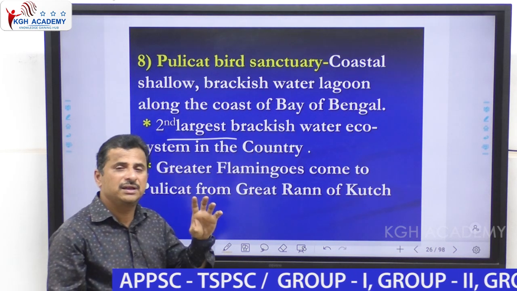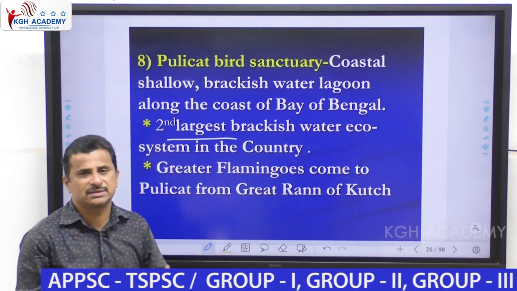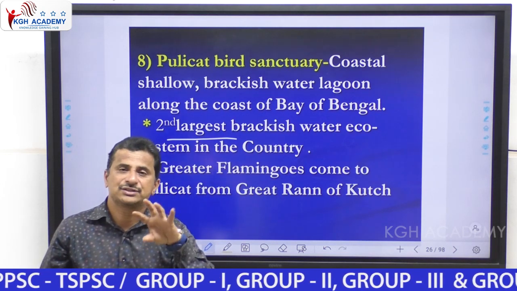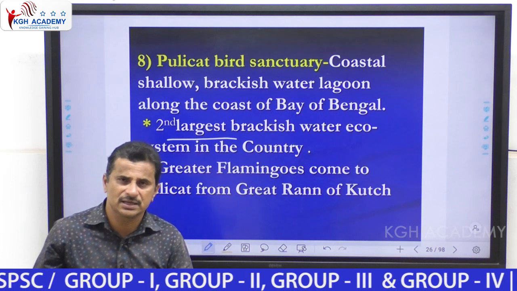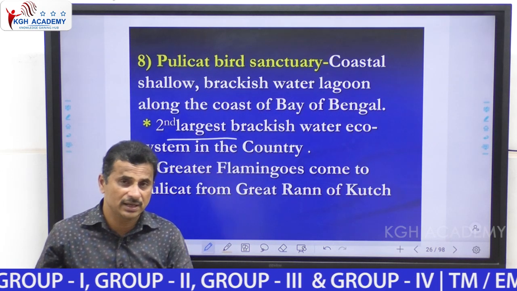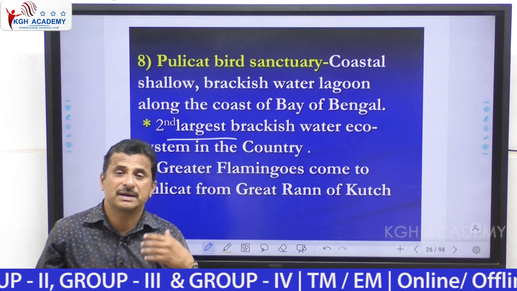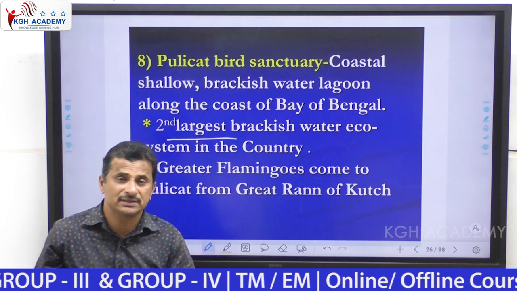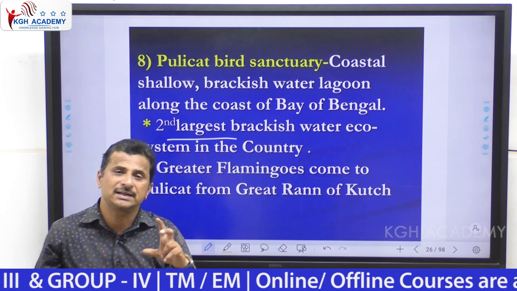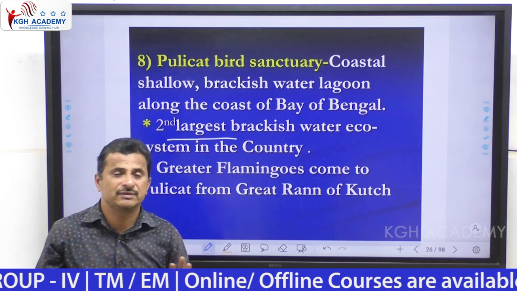The type of area is also important. Sometimes some are estuarine areas, some are coastal areas, some are mangrove areas, and some are part of the wildlife sanctuary. Some wildlife sanctuaries are part of the tiger reserves. Like this, the area type and specialties are very important.